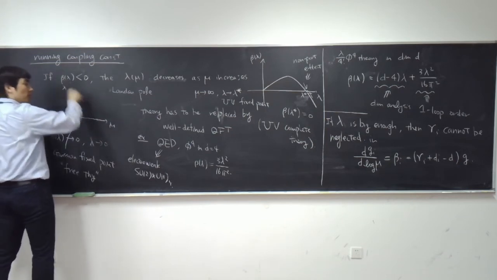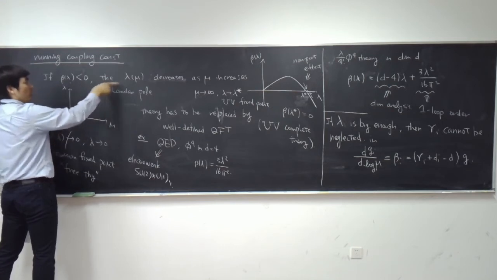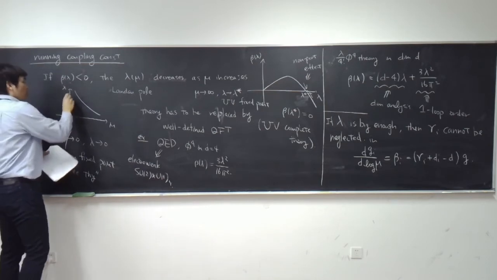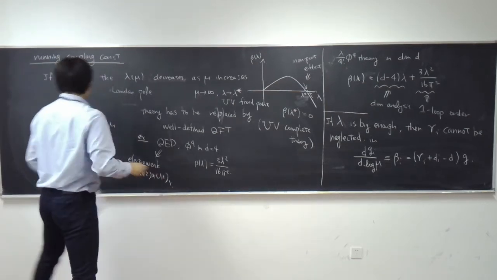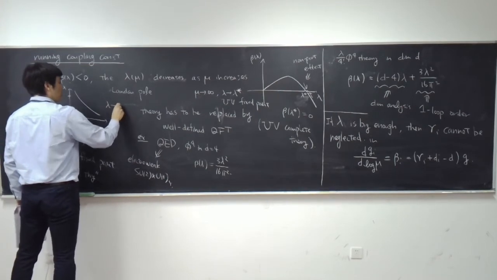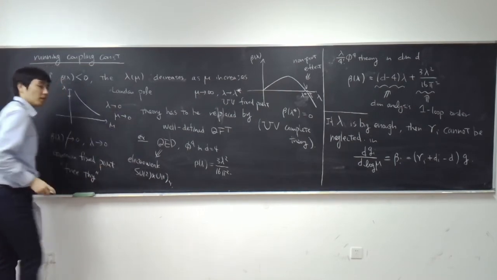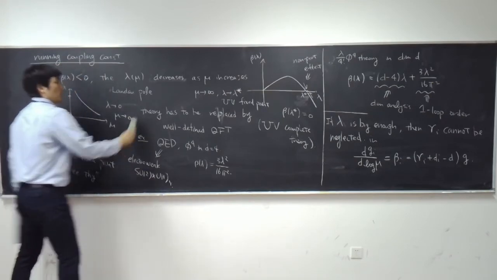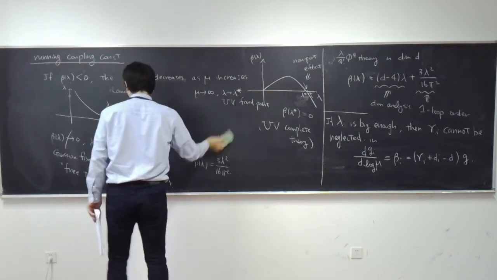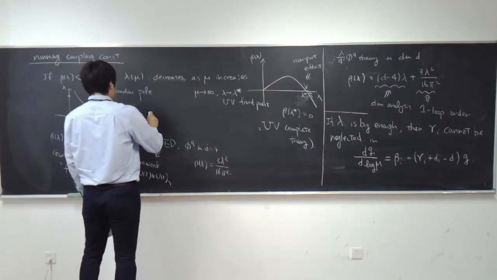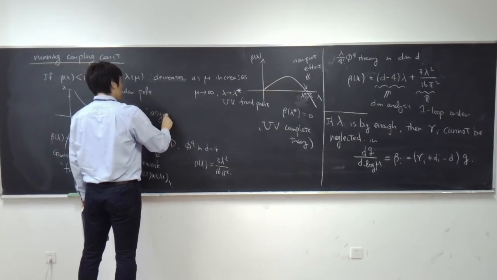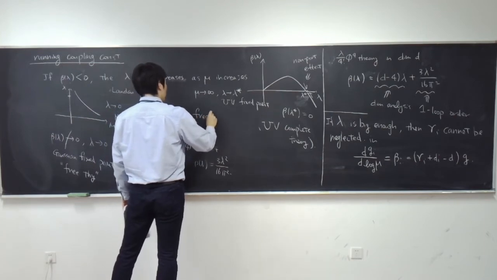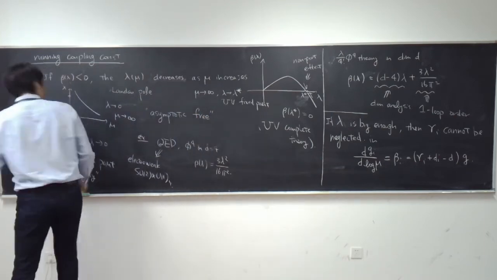So as you go to the UV, or higher energy, lambda decreases, something like this. Therefore lambda goes to 0 when mu goes to infinity. This is called asymptotic freedom.